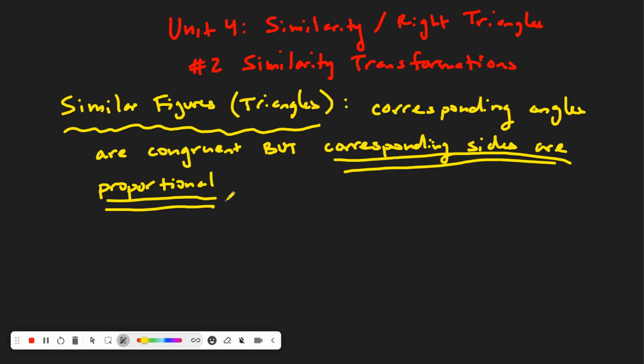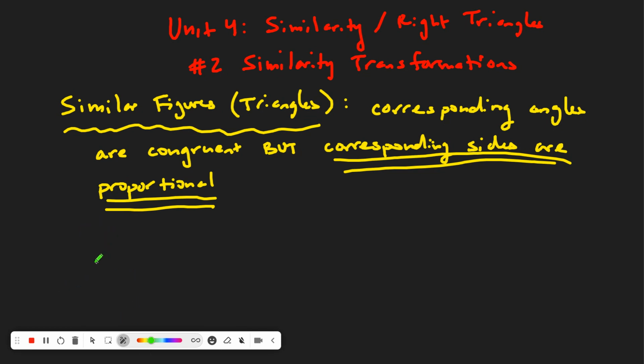This is the big difference between congruent figures and similar figures: in congruent figures, the corresponding sides are also congruent, but in similar figures, the corresponding sides are proportional. And if you remember from last lesson on dilations, the figures are not the same size. One is bigger than the other, so that's why this idea of proportionality works.